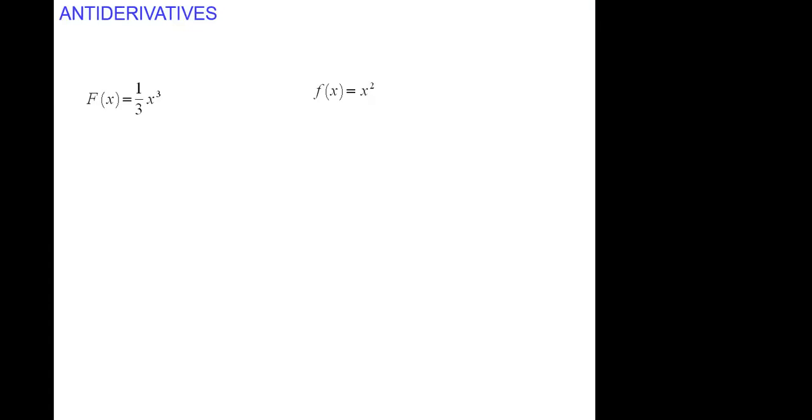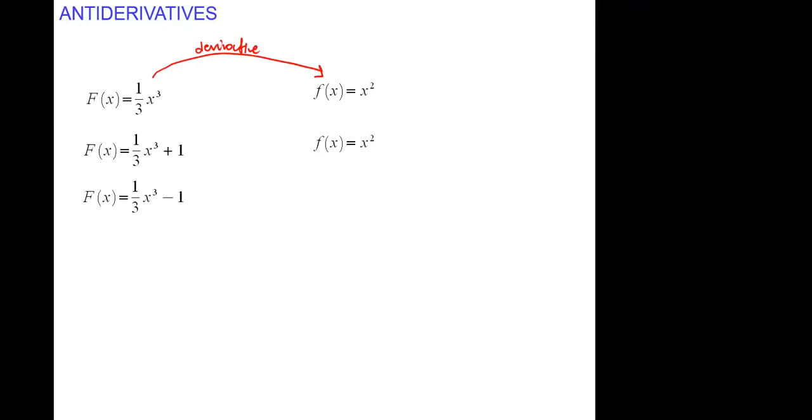Another function: 1/3 x cubed plus 1. What's the derivative of this? Yes, you can type, thank you. It's exactly the same. What we're doing at the moment, on my right-hand side, we simply have derivatives. Another function: 1/3 x cubed minus 1.